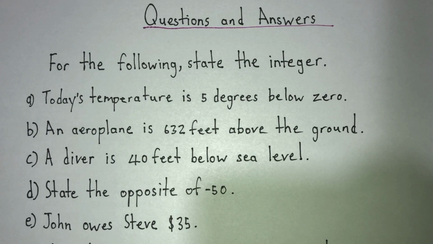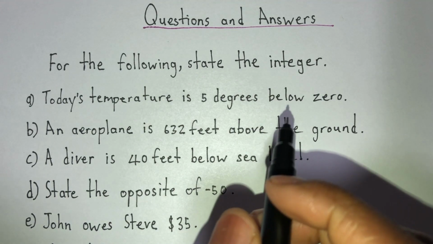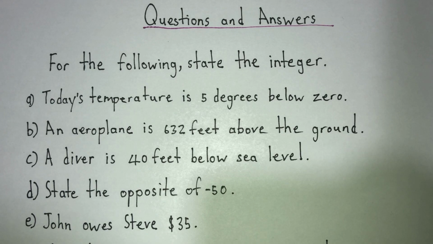Let's look at some questions and answers. For the following, state the integer. Alright, so question A. Today's temperature is 5 degrees below zero. Firstly, please go ahead and pause the video and attempt the questions.